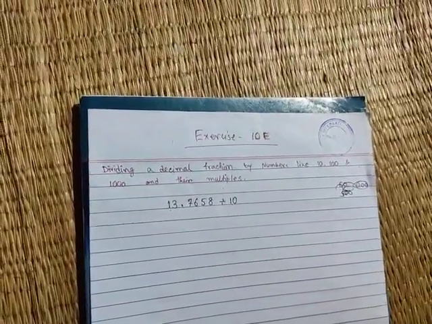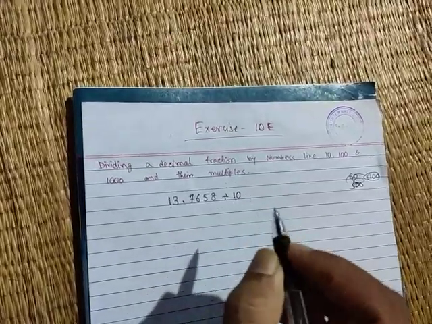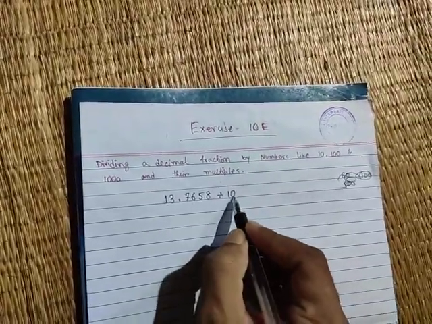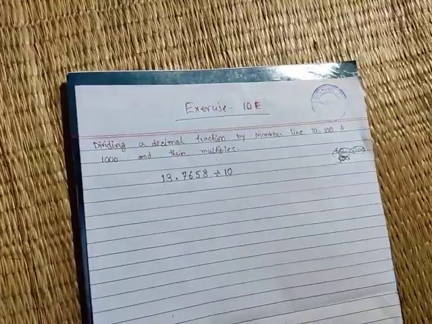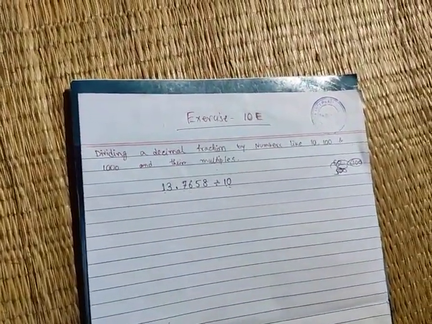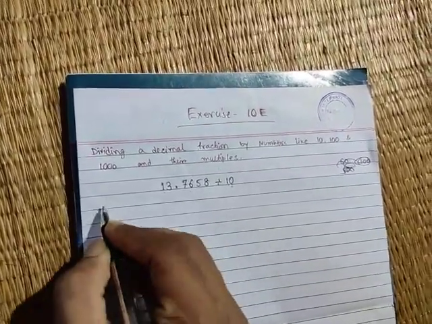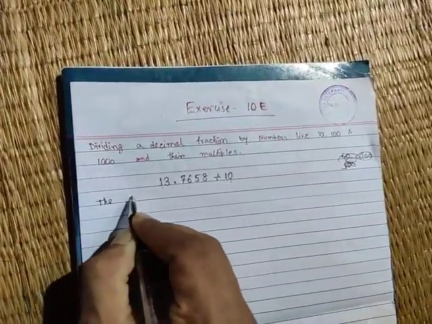So see, just check the number of zeros in the divisor. This is the divisor, this is the dividend. Just check the number of zeros in the divisor. Then this line is very important.